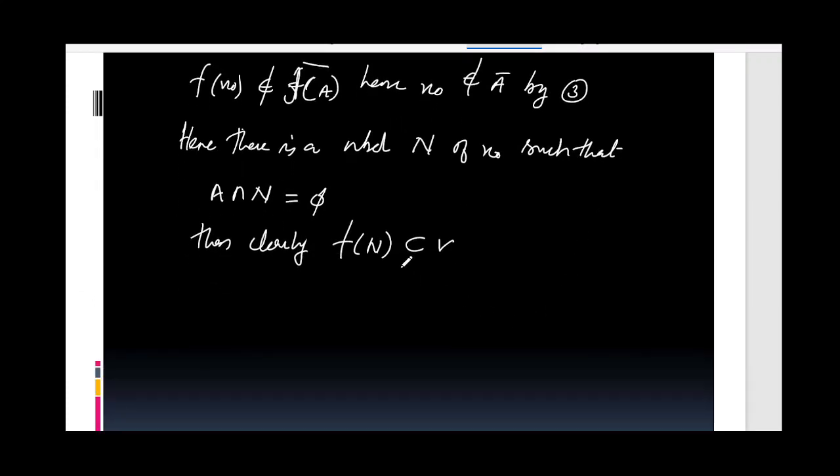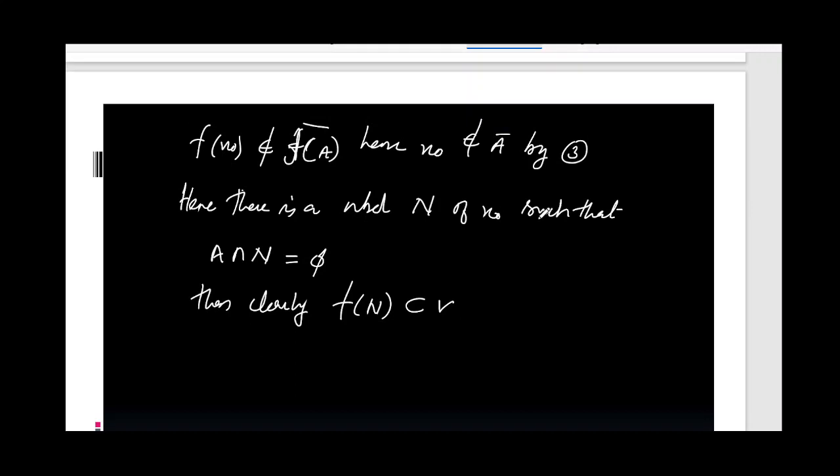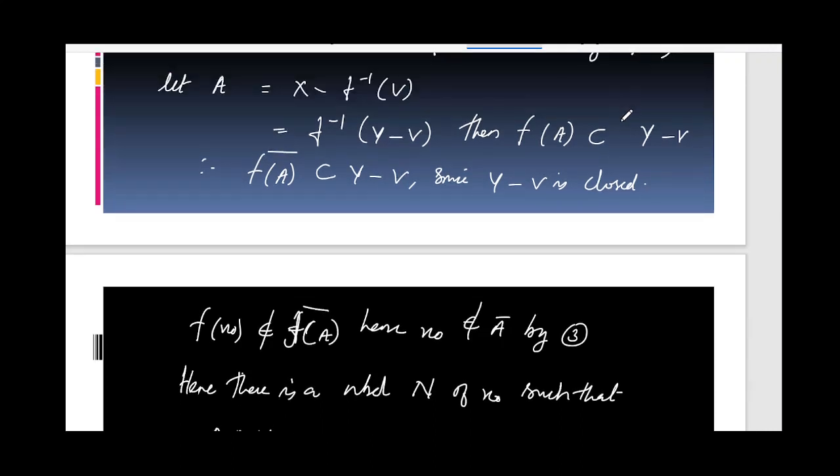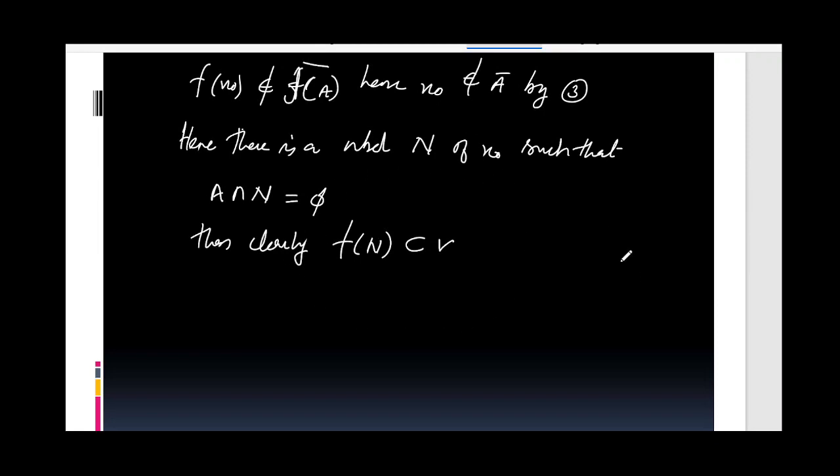So here we are having f of N is contained in V because f of N is contained in Y minus, sorry, this quantity is contained in V. Then clearly f of N is contained in V. Now take U equal to interior of N. Now this will give you the open set.